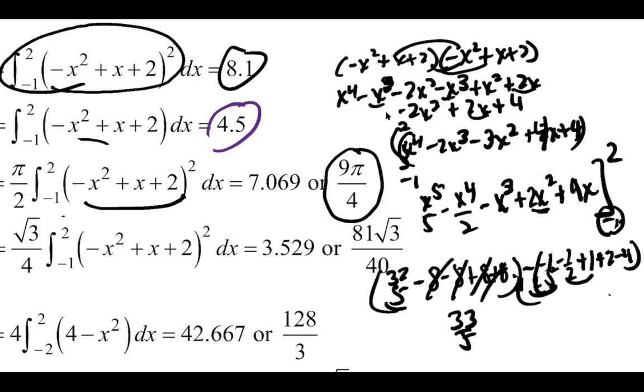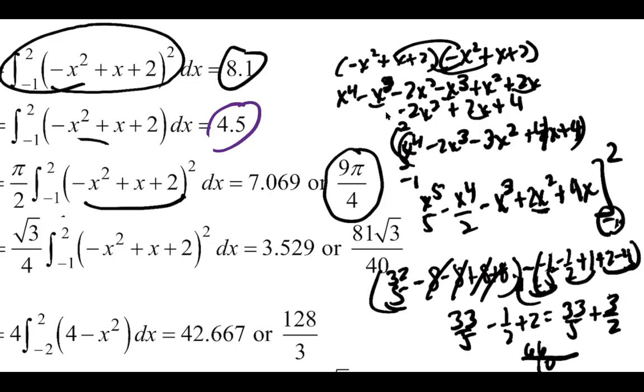So this is plus 1/5, 33/5. I remember this was 1/2, so it was minus 1/2. This was -2, so that's plus 2. 33/5 plus 1.5.